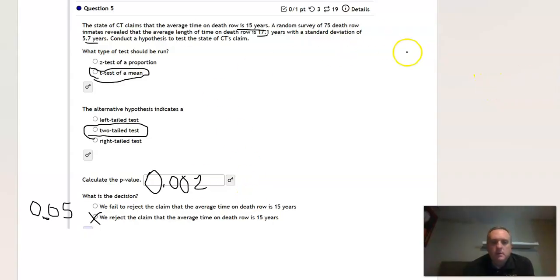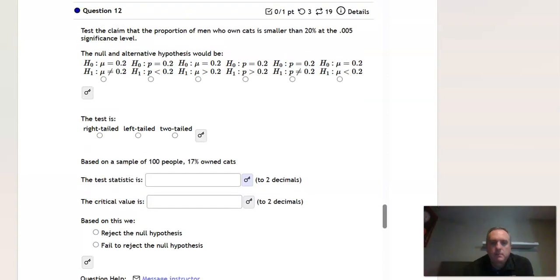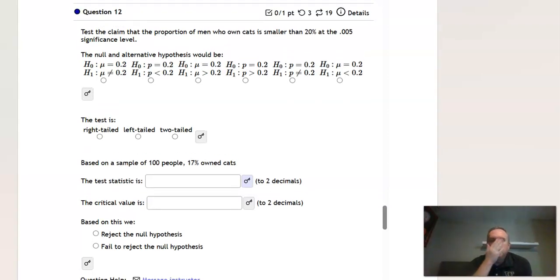All right. Let me move to my proportion problem. Test the claim that the proportion of men who own cats is smaller than 20% at the 0.05 significance level. That's a pretty small significance level for something that's not a life or death situation.